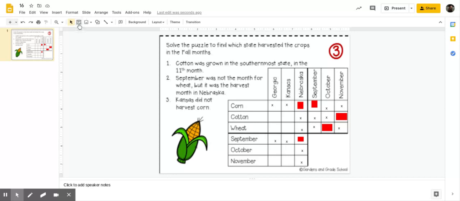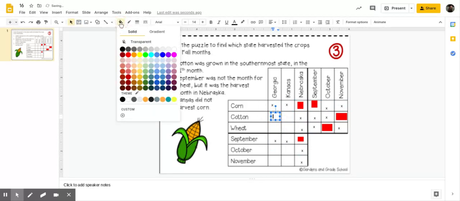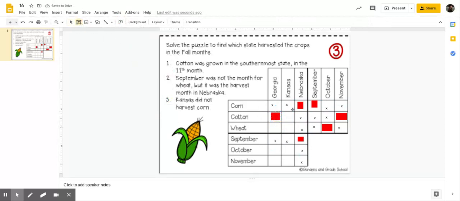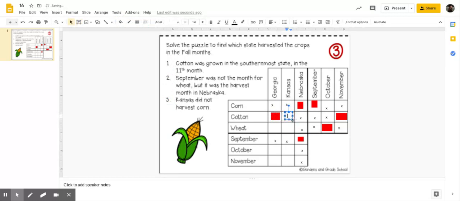So Georgia is the farthest south. So they would get the cotton, which means that Kansas does not have cotton, and cotton in Georgia is grown in November. So I'm going to come down for Georgia, cotton, and highlight November.